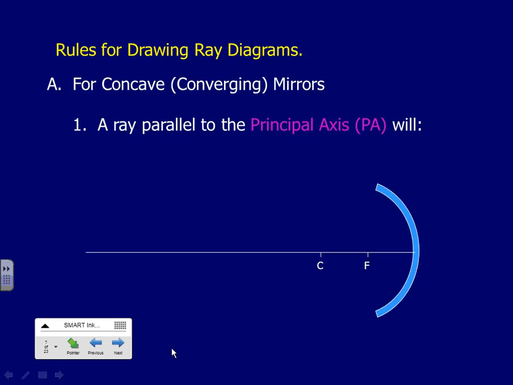Next, I want to talk about rules for drawing ray diagrams. You can write down for a concave mirror, a ray parallel to the principal axis will, and you might even be able to answer that. And then at that point, I'm going to switch to my other camera so that you can see me drawing it.